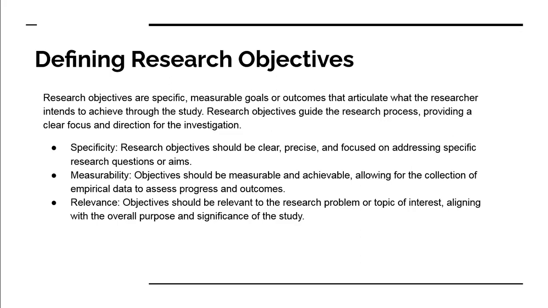Specificity: research objectives should be clear, precise, and focused on addressing specific research questions or aims. Measurability means objectives should be measurable and achievable, allowing for the collection of empirical data to assess progress and outcomes. In research objectives, relevance means they should be relevant to the research problem or topic of interest, aligning with the overall purpose and significance of the study.